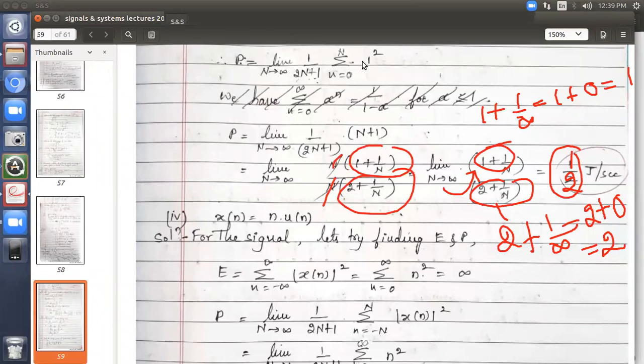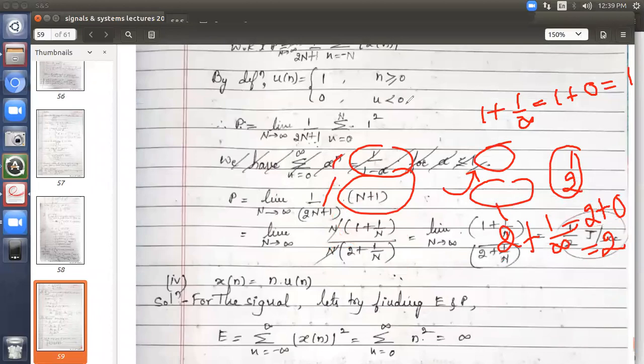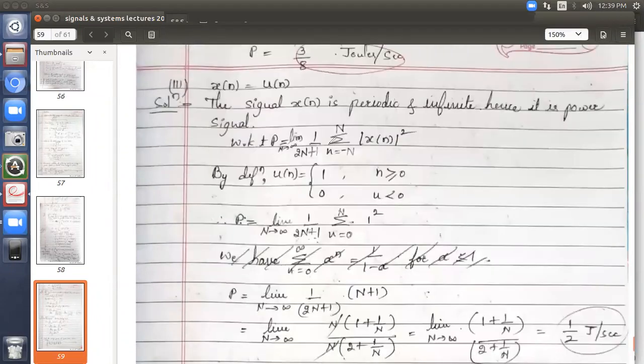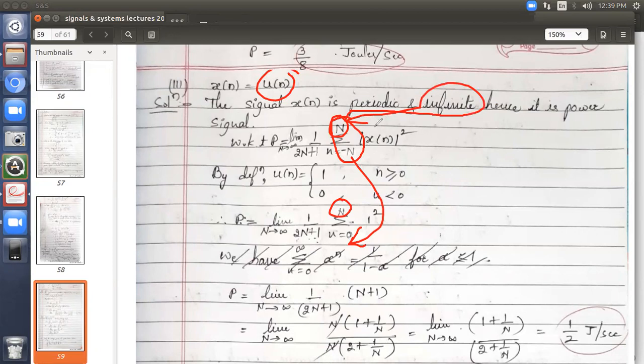Okay. I hope you understood this calculation. The only important thing here is the range. Upper range, we have kept it same. Lower range, I have taken it 0 because u of n starts from 0. And no doubt it is an infinite signal, but the upper limit in the formula we have kept it same. Then the second formula is what we are using for the power calculation.